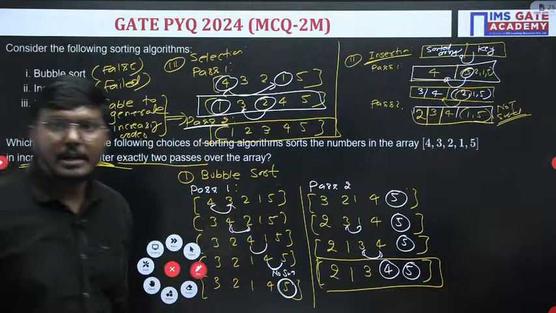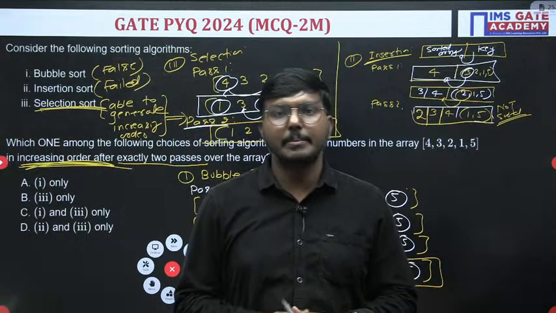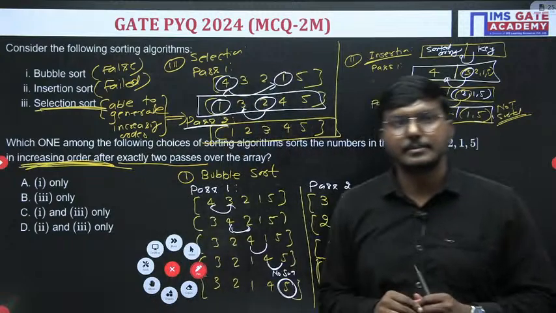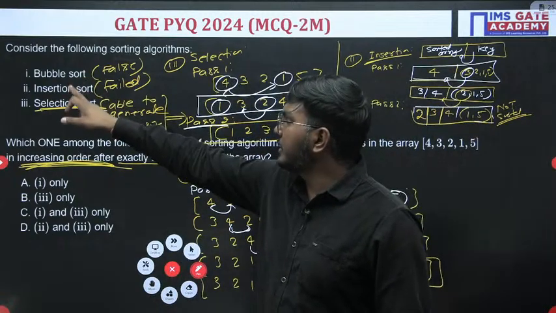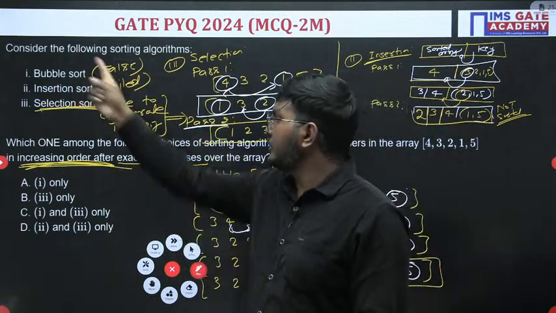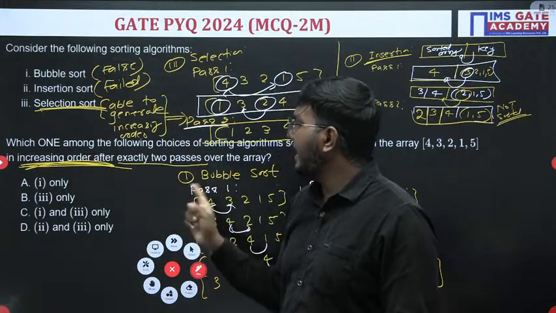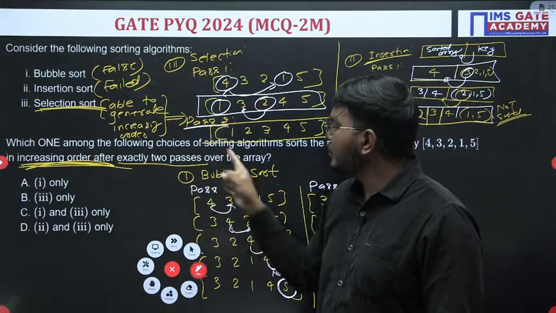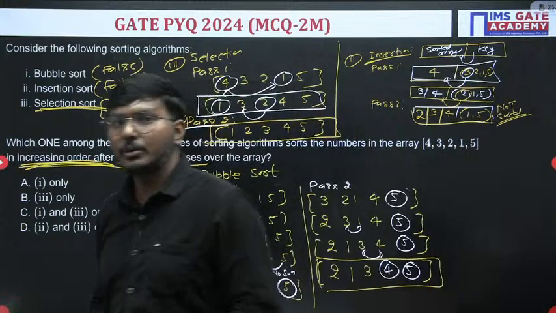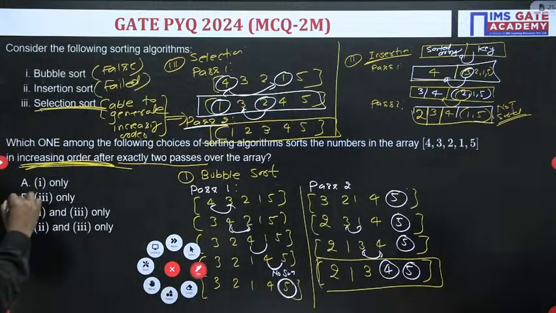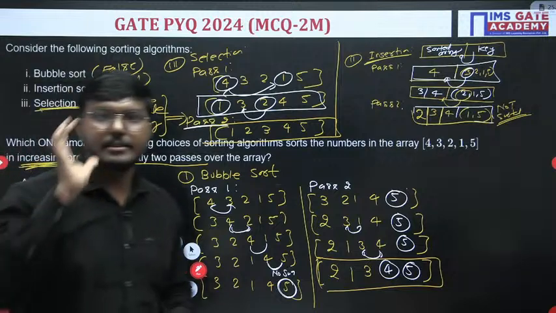Understood? Clear or not? Tell me. So bubble sort and insertion sort failed to generate the increasing order of the array exactly after two passes. So the answer is option B. B is the third one, that is our selection sort. Clear? Understood?